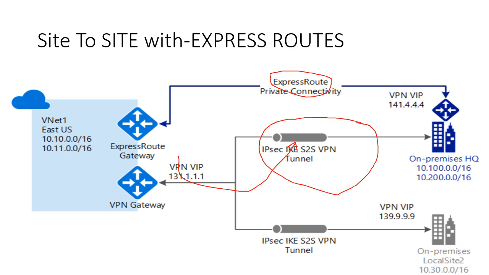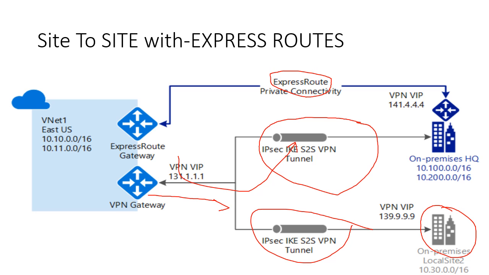In another scenario, suppose you don't want to connect this site using ExpressRoute, and you want to keep this site as a separate site, and you want your users from Azure to connect through this VPN gateway over this tunnel to this site.